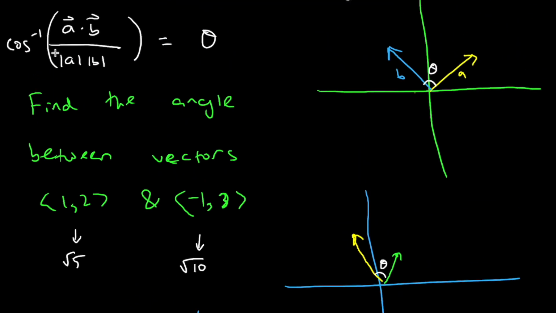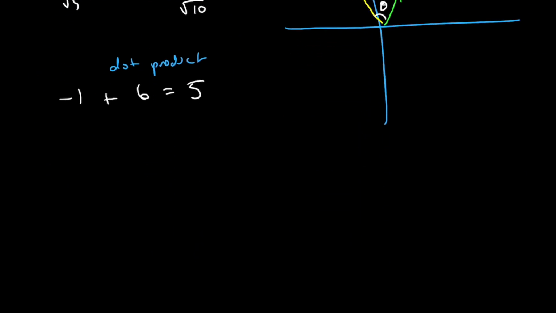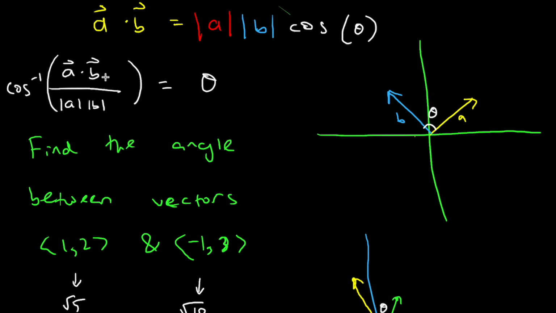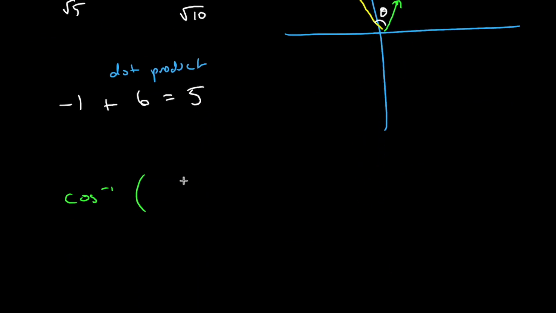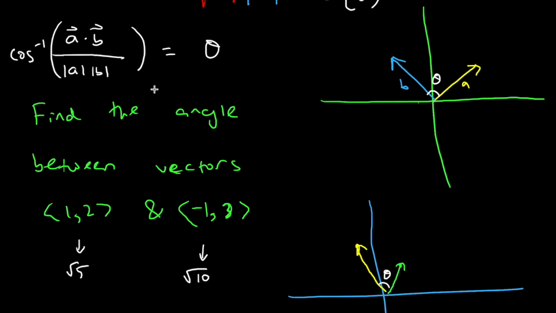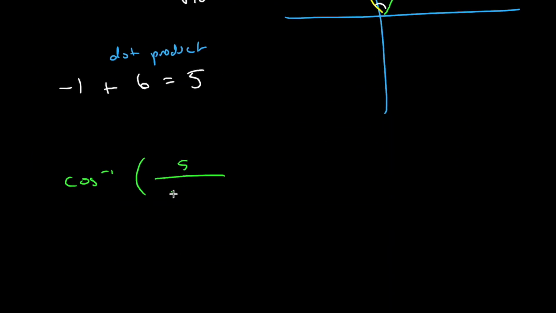And then we can plug all this information into here. So we have inverse cosine of a times b, the dot product of a and b, which we know is 5, over magnitude of a times magnitude of b, which is root 50.